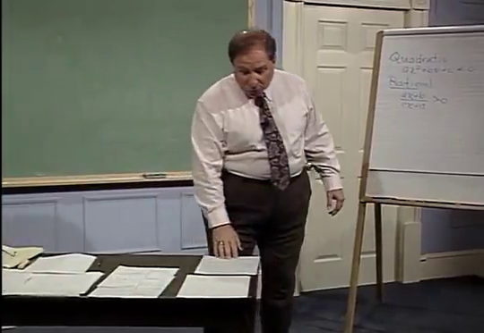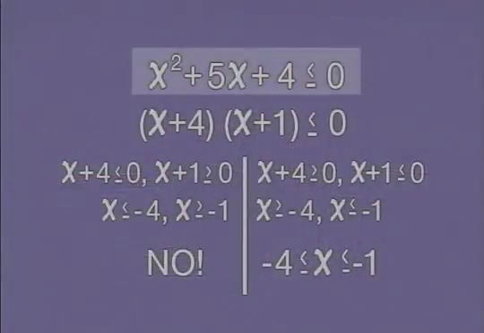The next visual has the inequality x squared plus 5x plus 4 is less than or equal to 0. There are two things different about this inequality. One is that it's less than rather than greater than. Also, it contains equals, which means we remember that if we have two numbers multiplied and they equal 0, then one or the other equals 0.